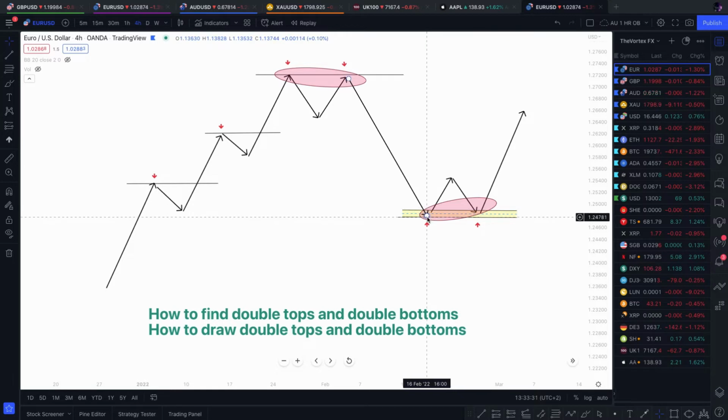Price struggles to break previous support, comes back up, struggles again to break previous support, and goes on its merry way up. Just like here, it struggles to break previous resistance, tries again to break previous resistance, struggles, and it comes back down. So how do we find them? That's exactly how we do it.